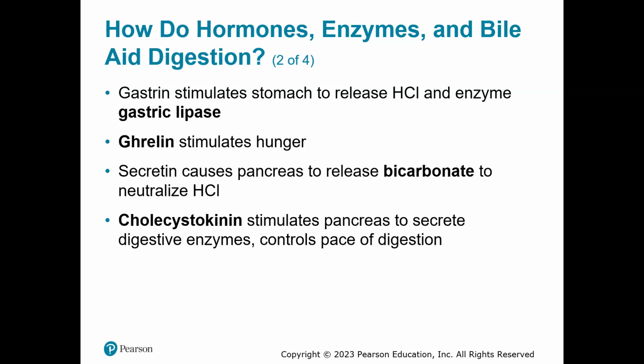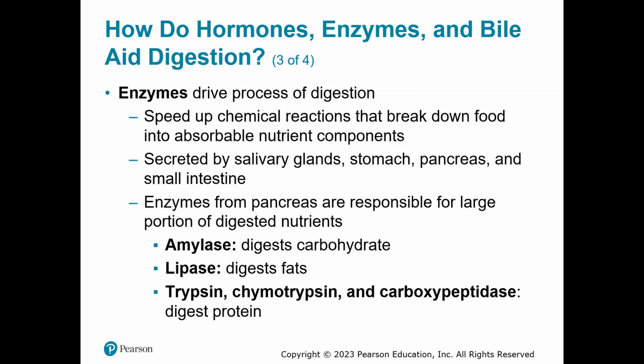I remember that one, ghrelin, because when you are hungry, your stomach growls. It says grr, so ghrelin stimulates hunger. Secretin causes the pancreas to release bicarbonate. Cholecystokinin stimulates digestive enzymes from the pancreas, and it controls the pace of digestion. So these are various different hormones and their roles in digestion.